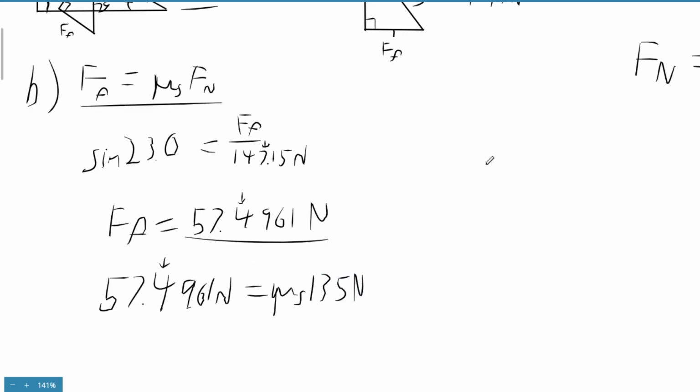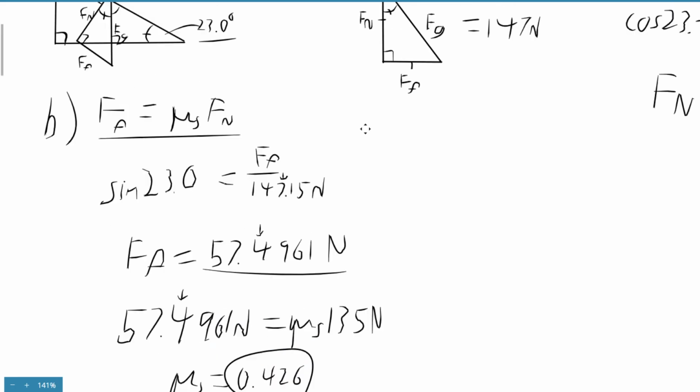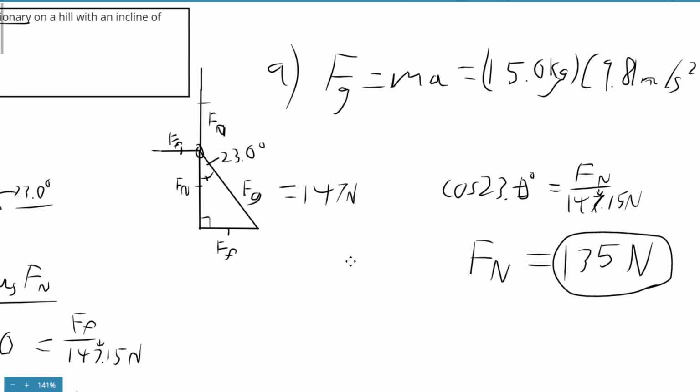So now to isolate mu s, divide both sides by 135. We have Ff in our calculator, we can just divide that by 135. So mu s equals 0.426. And yeah, that should answer our question.